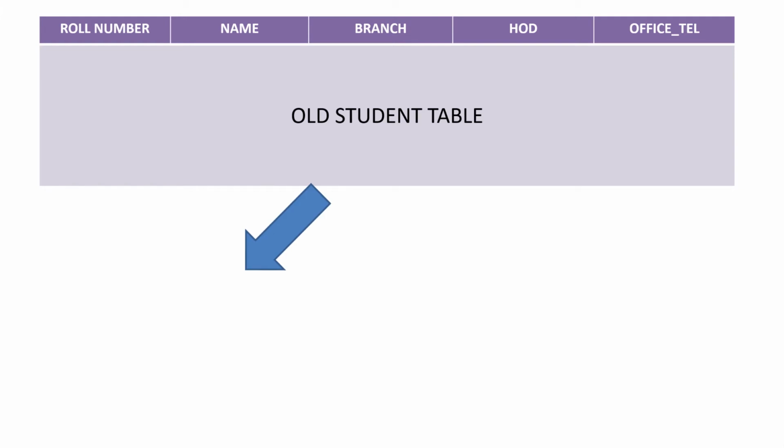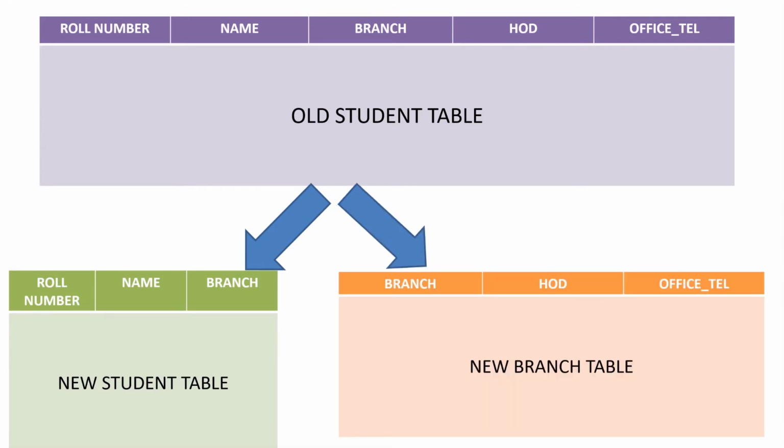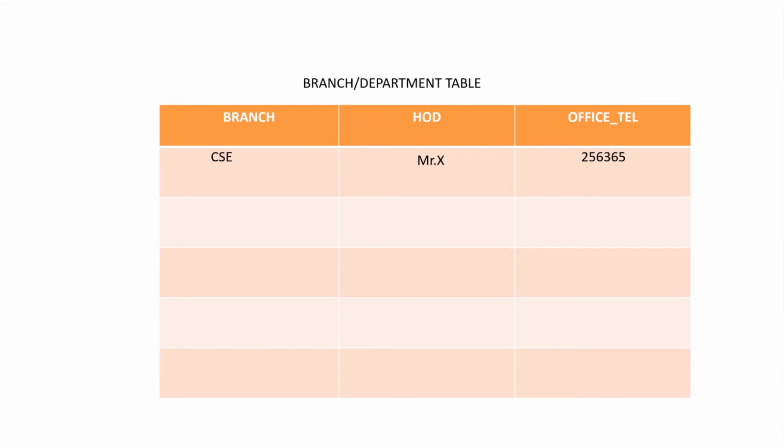Now I am dividing this into two. One is a new student table with attributes roll number, name and branch. Another one is a new branch table with attributes branch, HOD detail and office telephone number. So my branch or department table will look like this, containing branch, HOD and office telephone number with the details.